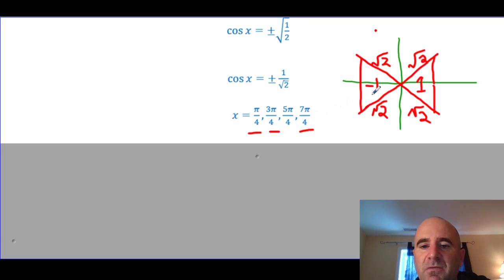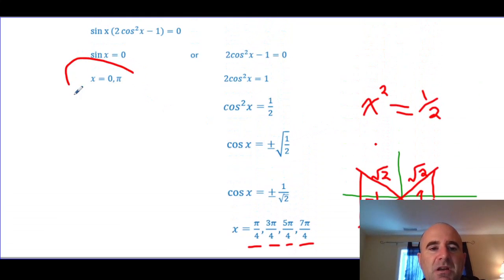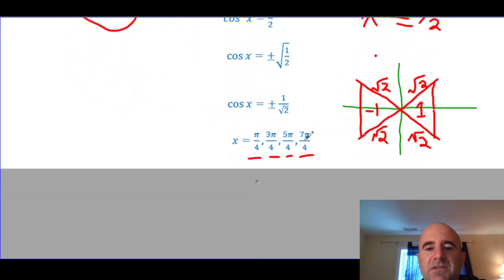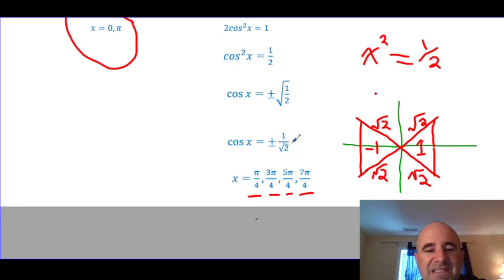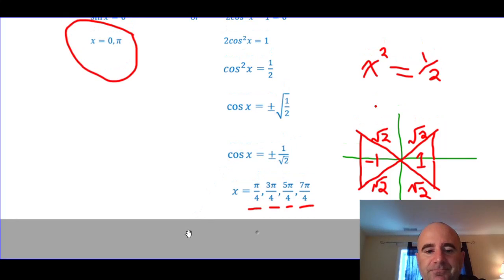And the last one here in quadrant 3 is pi radians plus another pi over 4, which gives you 5 pi over 4. So you have those 4 different solutions, plus the other 2 right here, which gives us a total of 6 possible points of intersection.